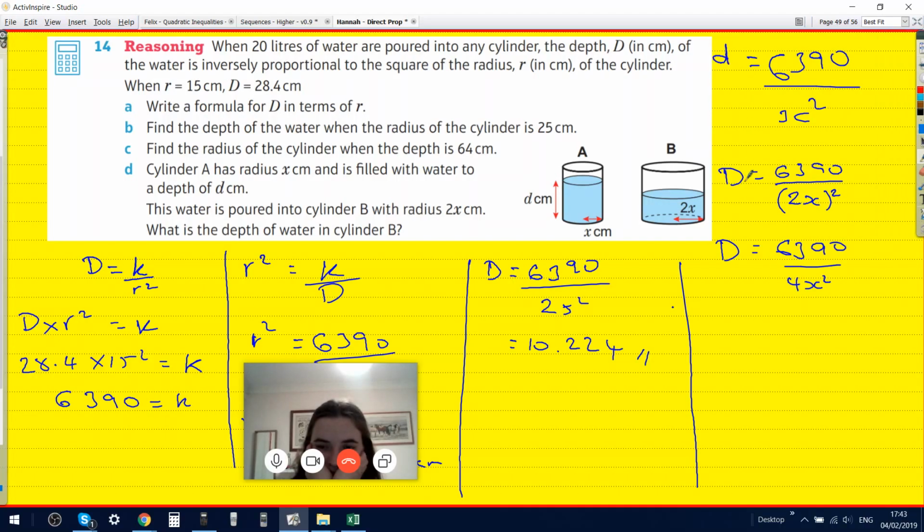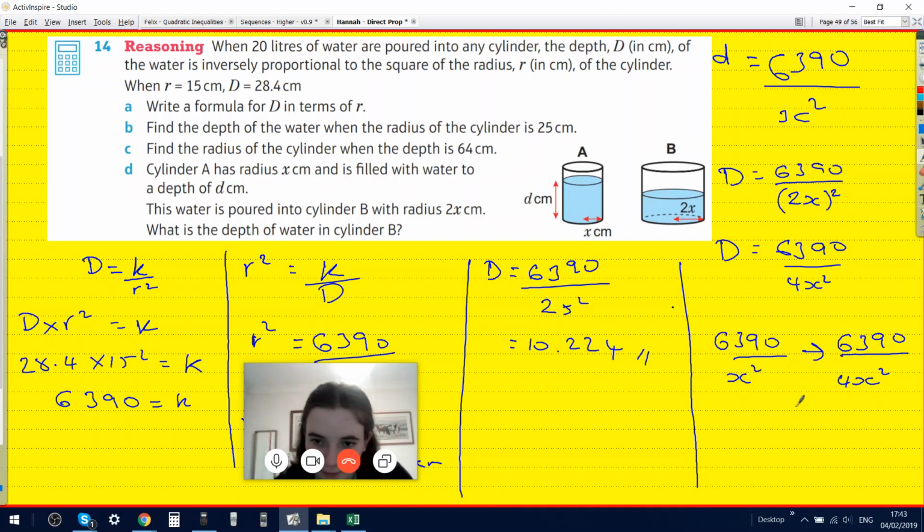And then we have to find the depth of water for this one. What's the difference between them? 6390 over x squared becomes 6390 over 4x squared. One's x squared and one's 4x squared.